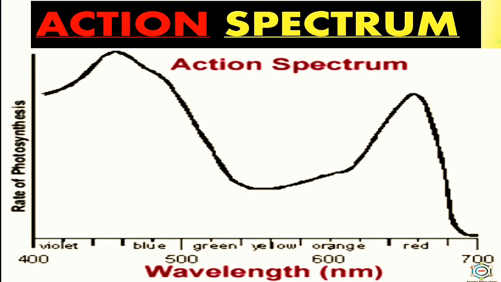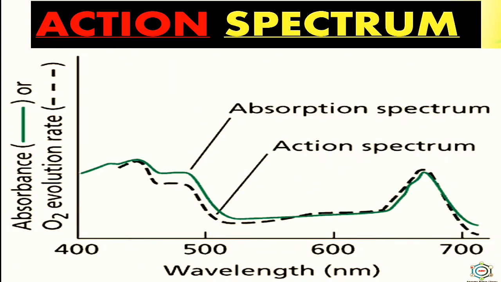It is possible to determine the relative contributions of a particular pigment in the process of photosynthesis by comparing the absorption spectra with the action spectra. In the case of higher plants, the absorption spectra of chlorophyll a and chlorophyll b run almost parallel to the action spectra of photosynthesis, depicting their roles in the process.